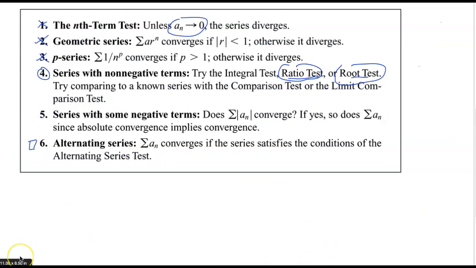Okay. So looking back here at the nth term test for divergence, we see that the limit of the sequence a sub n, in this case in our problem, actually went to 1 and not 0.